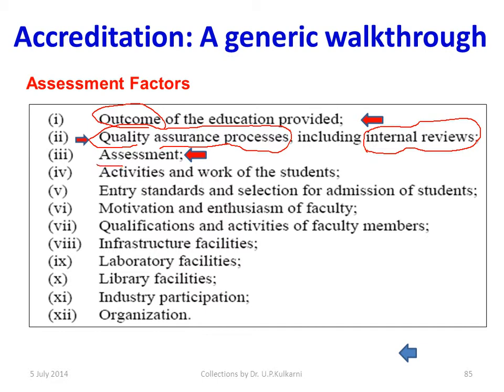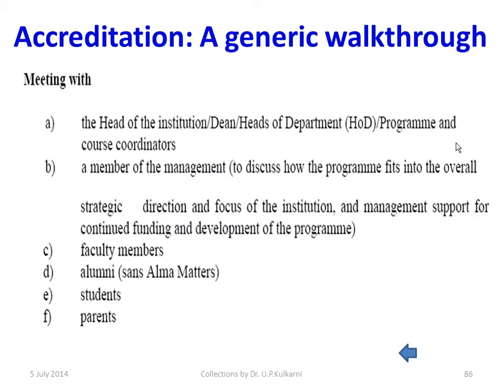Assessment: how do you assess the outcomes declared for a program, for a course? And there are many other things like activities and the work of students, entry standards, motivation, qualification, infrastructure, laboratory, library, industry, organization. All these things remain same as compared to the previous accreditation process.